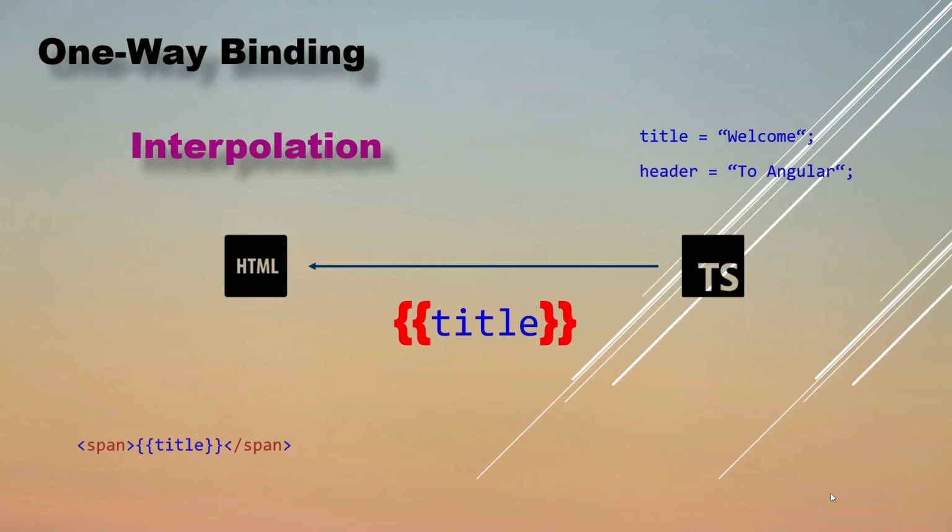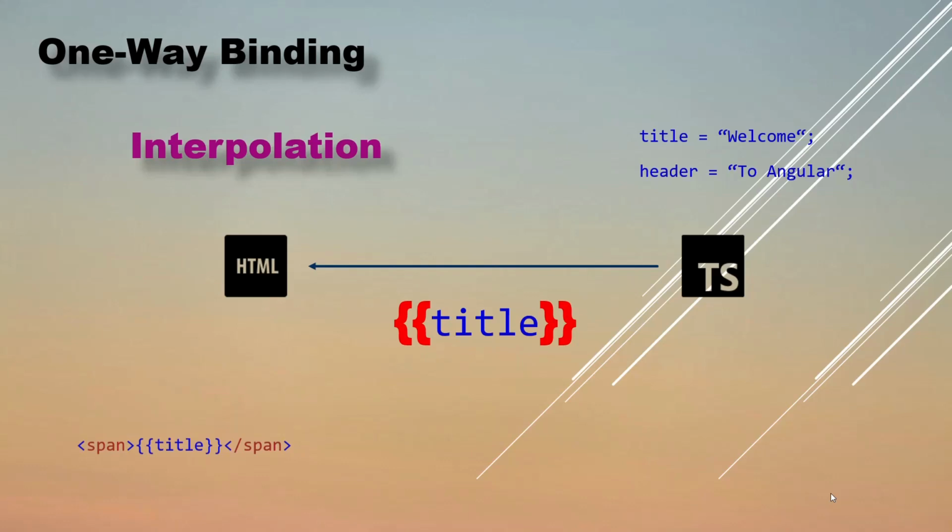If we update something in the title, then the HTML will be automatically updated. We'll see that in the real example. This is interpolation. It happens only from TS to HTML, not from HTML to TS.